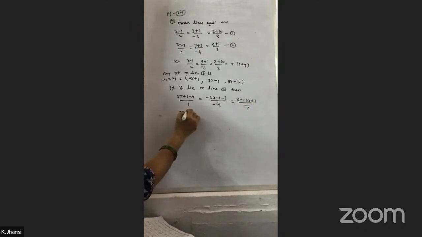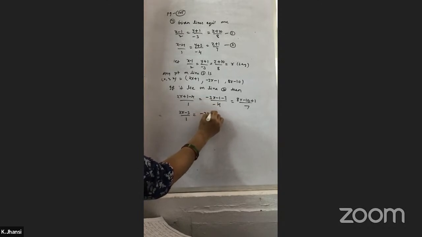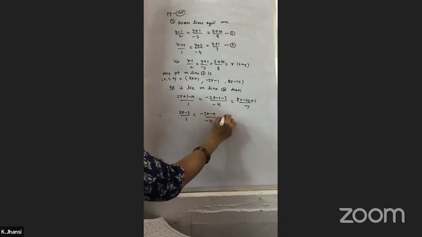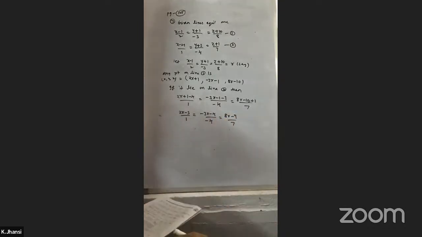Simplify చేస్తే 2r minus 3 by 1 is equals to ఇది minus 3r minus 4 by minus 4, 8r minus 9 by 7. Okay.